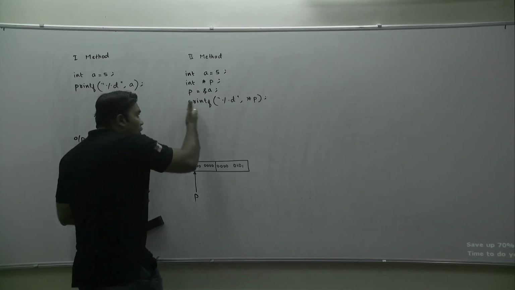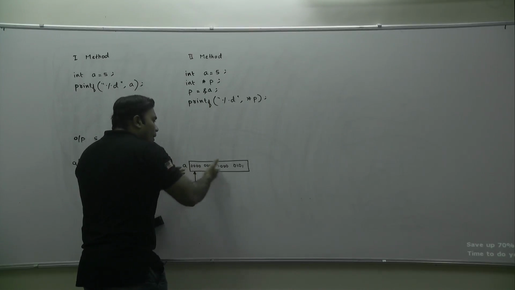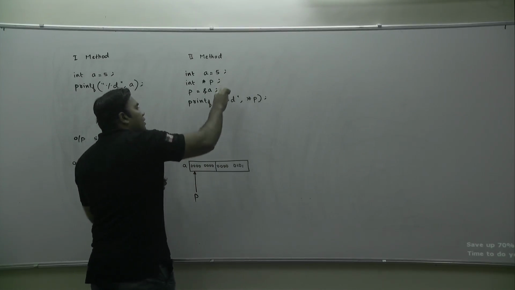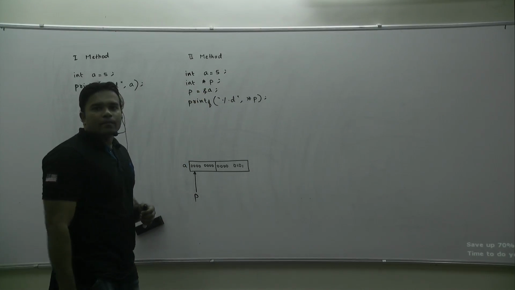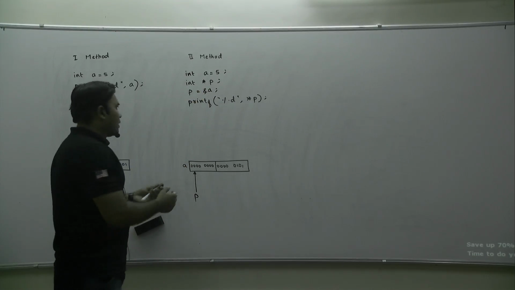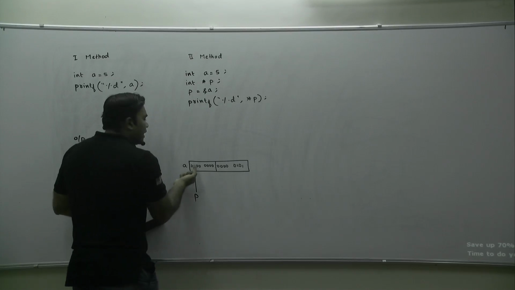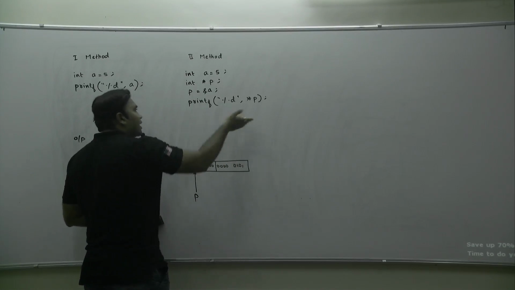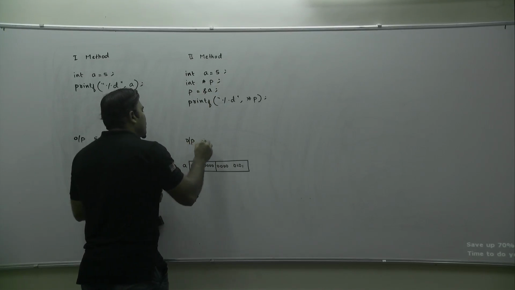So in reality what you are telling here is penetrate P. When you penetrate P, whatever you get, convert it to the decimal format and print it. That is what you are telling. So penetrate the pointer P. In the binary it is there. Convert to decimal and print it. Obviously, when you ask like this, the output is going to be 5.